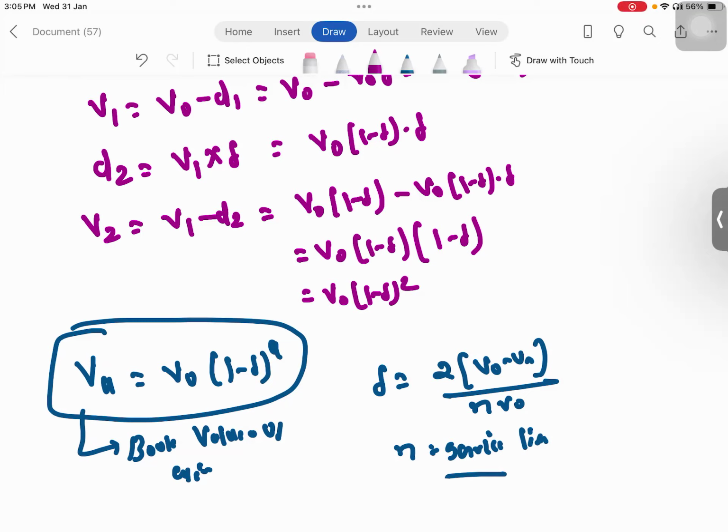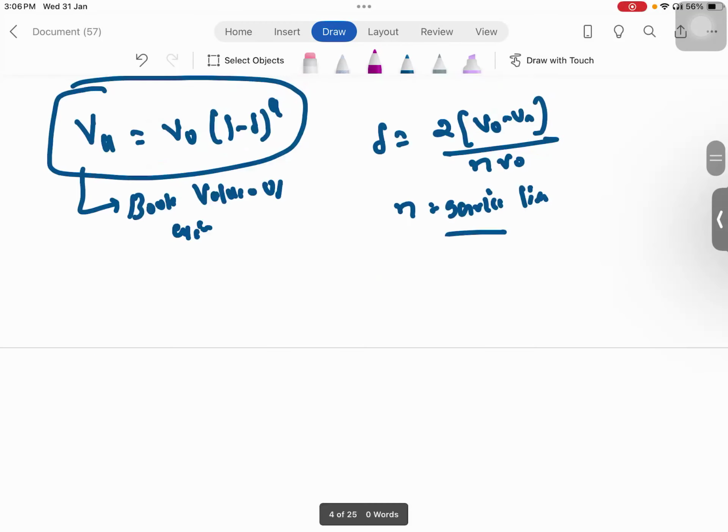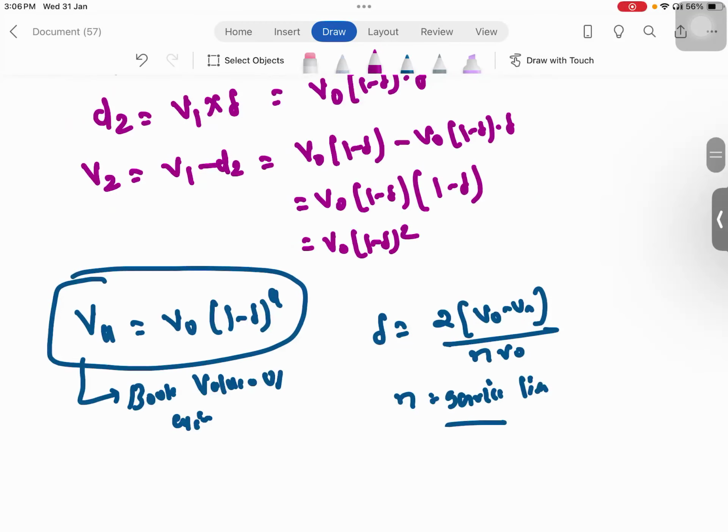So this is how the double declining balance method works. How can you understand whether we have to use the declining balance method or the double declining balance method? If salvage value has not been given in the question, if salvage value is 0, then you have to use the double declining balance method.